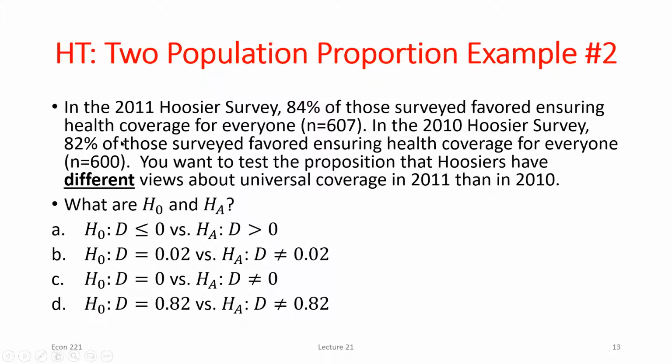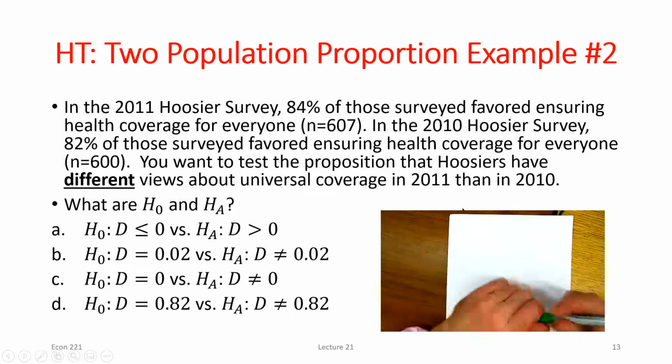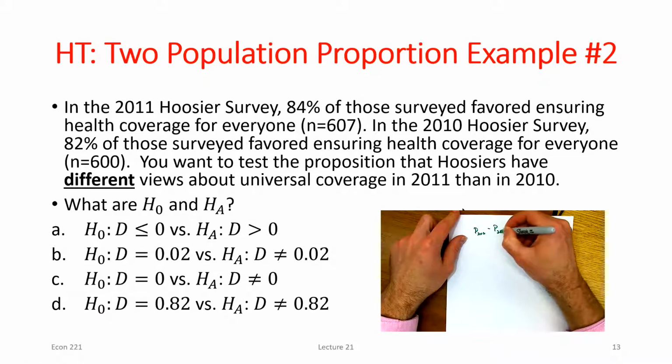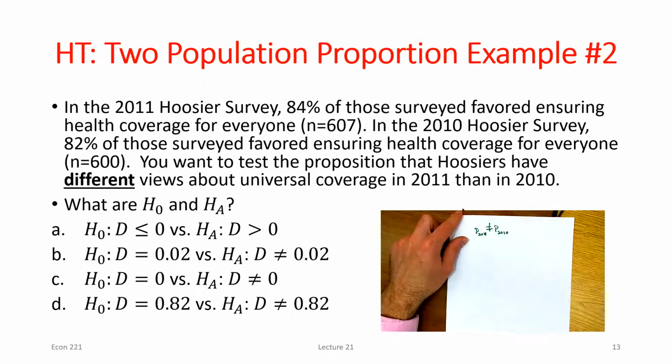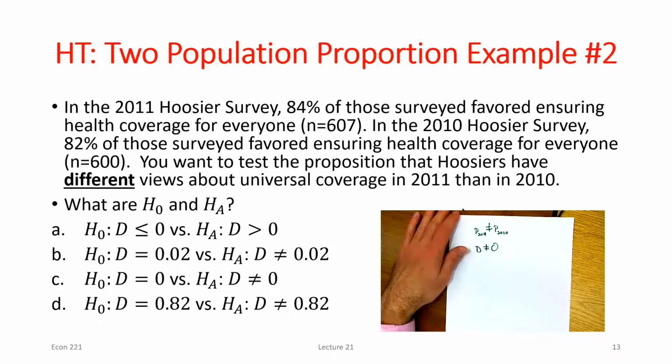We want to test whether people have different views on favoring ensuring healthcare coverage for everyone. Is the true population proportion in 2010 and 2011 not equal to each other? Are they different? Which is really just saying, is that difference not equal to 0?